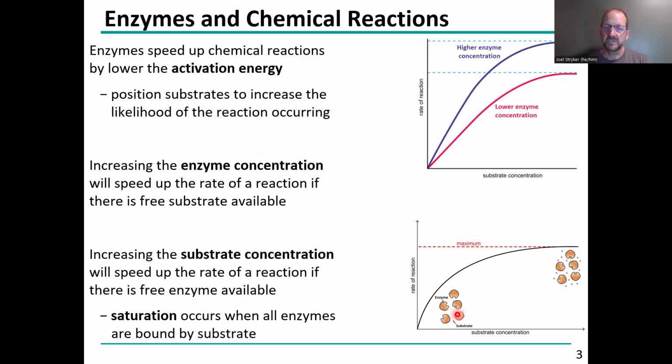So saturation, you can see, again, this is the same graph basically as the one above. Substrate concentration on the x, rate of reaction on the y. There is an increase in the reaction rate as the substrate goes up, but then it slowly starts to taper off until it reaches a point where it's not getting any faster even as you increase the substrate. We saw the same thing in this graph too, I just didn't really mention it.